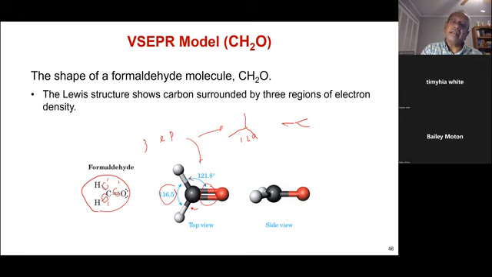Therefore, this angle is increased from 120 to 121. Those 2 get squeezed to about 118. So in side view, this formaldehyde molecule is trigonal planar, like trigonal pyramid for ammonia, trigonal planar.